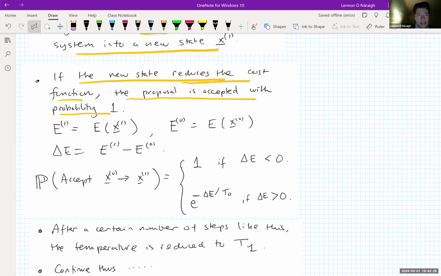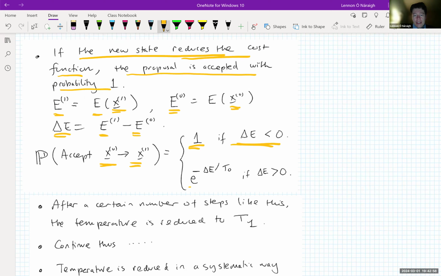In symbols, the new energy is E1, which depends on the new state. The original energy is E0, which depends on the initial state. So the change in the energy is E1 minus E0, final minus initial. The probability that we accept the proposal and go from x0 to x1 is 1 if the energy is reduced.